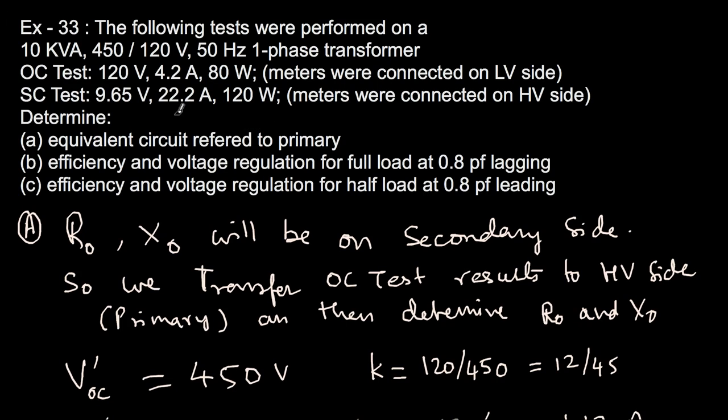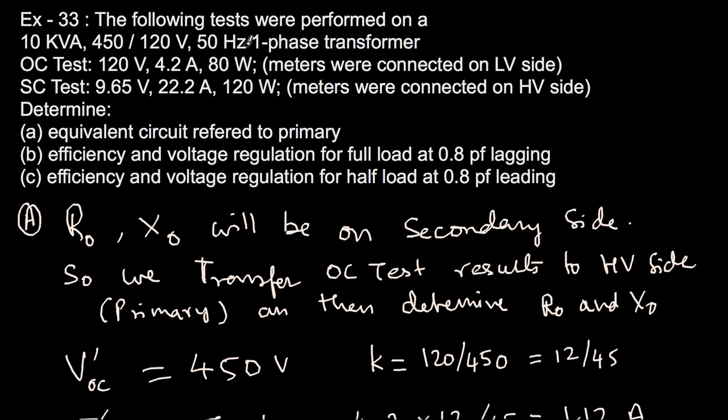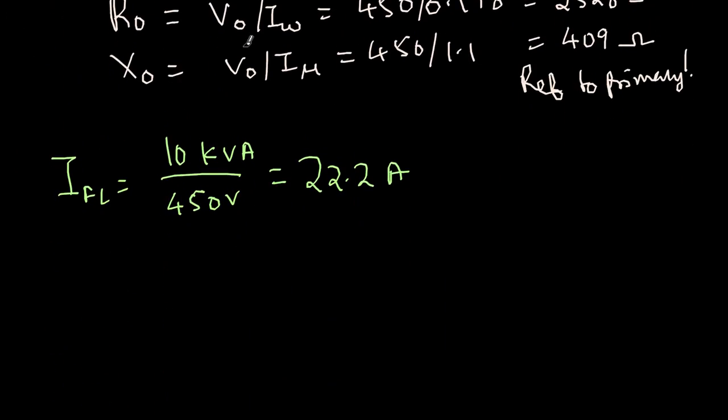Anyway, that is done. So I have these three readings. From three readings, what can we find? I can find R01, with 22.2 amperes and 120 watts. ISC square times R01 equals PSC.